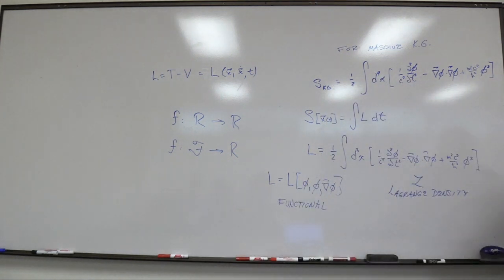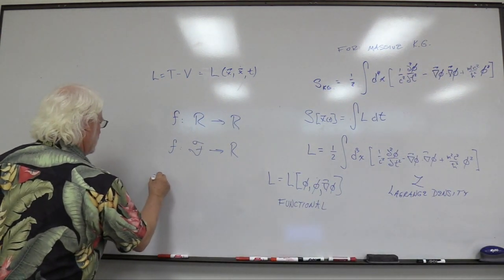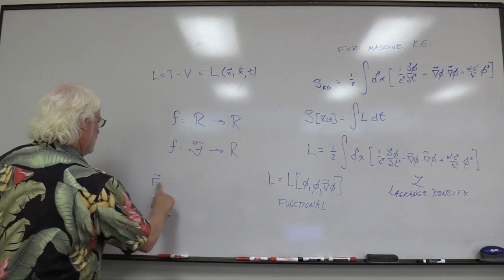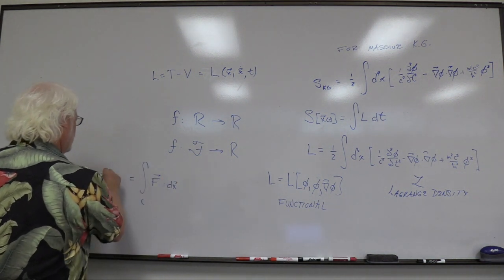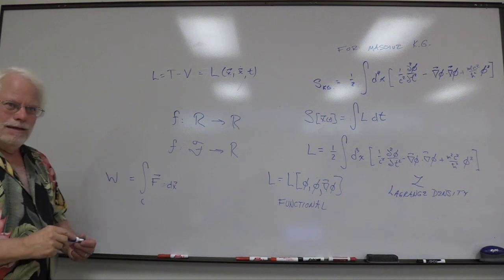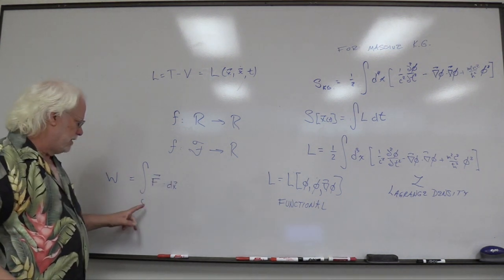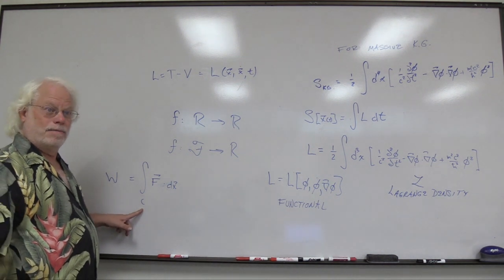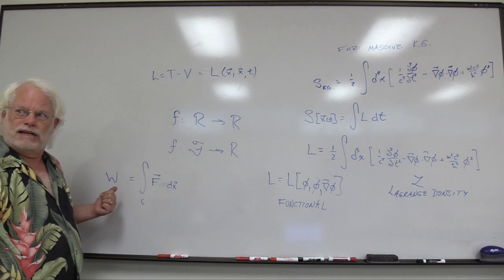Work is the integral of F dot dx. If I calculate F dot dx, integrate that along some curve, that is the work done by that force along that curve. But notice that this could depend on which curve I take. You give me a curve and the force, I can evaluate the work along that.